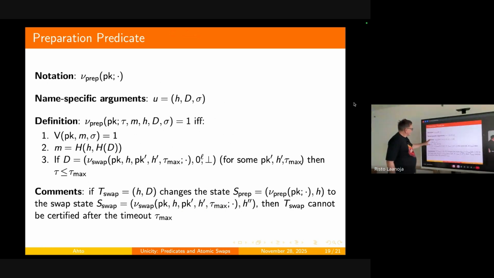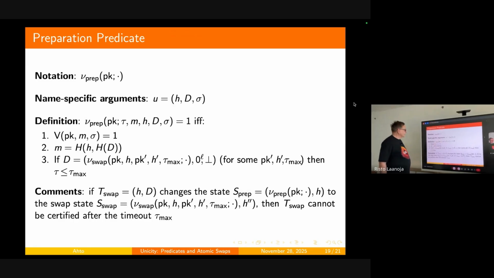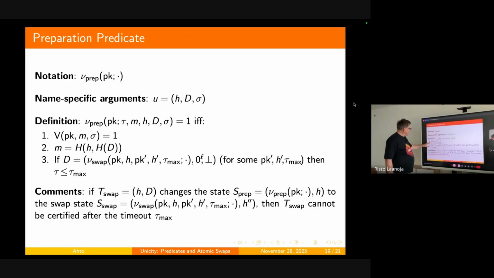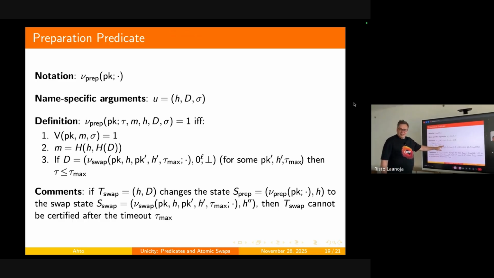And the predicate itself, given those arguments, is verified as follows. First, the signature is verified on M. M is the standard argument. Then it is checked whether M is actually the message hash, the transaction hash with H and D.